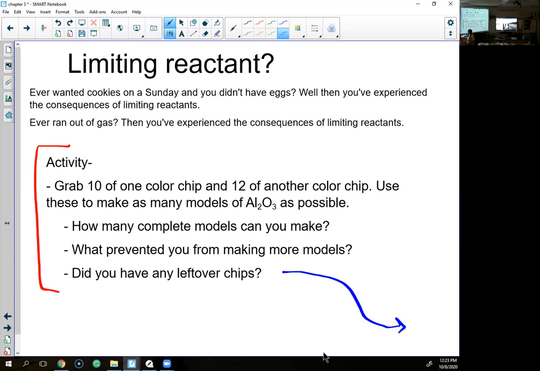Here, I'm dumping these out too. So 12 of one color? 10 and 12. It doesn't matter if you're perfect. Excuse me, sir.